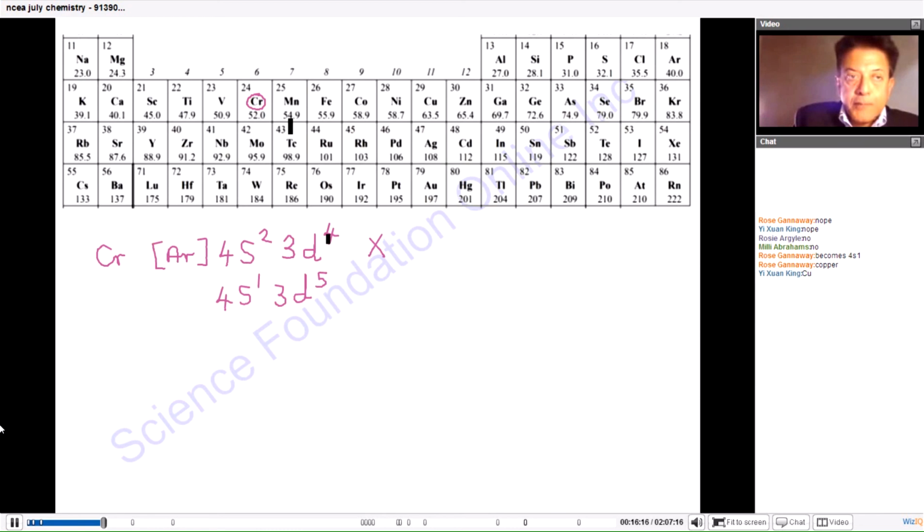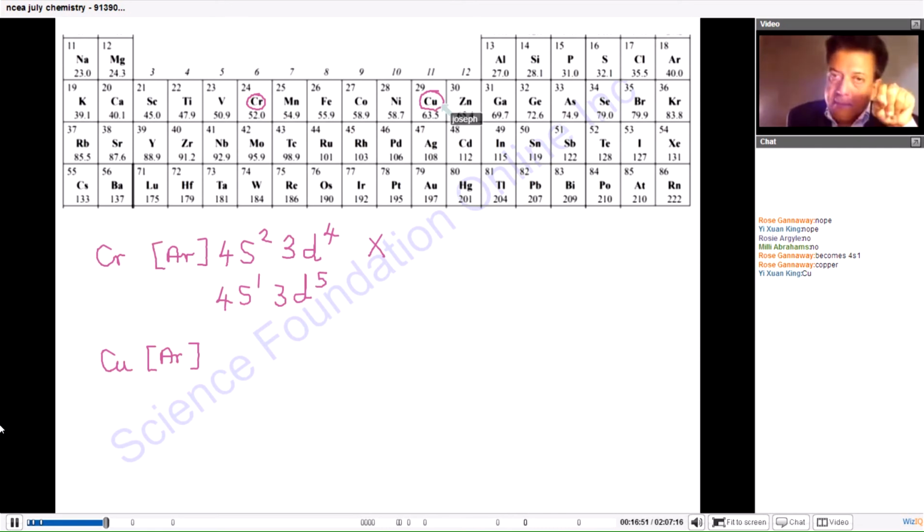The other one is copper. So if you draw the electron configuration of copper, that would be the argon configuration. And then what happens? With copper, you'd normally otherwise have had a 4s2, and then you would have had 1, 2, 3, 4, 5, 6, 7, 8, 9.